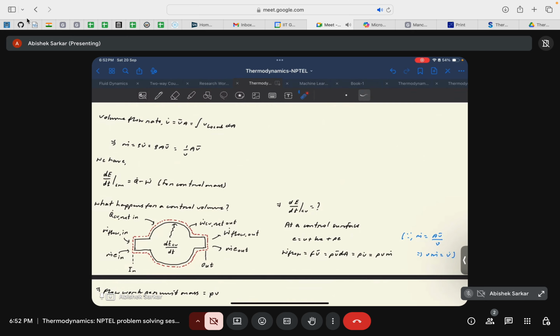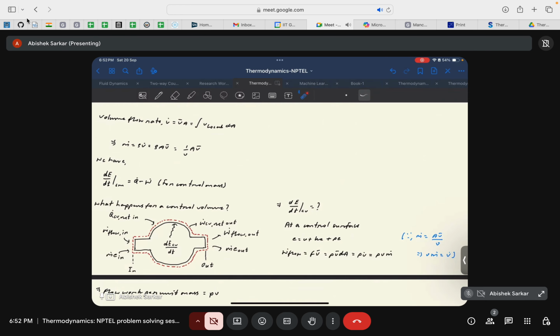So at a control surface, we have energy per unit mass to be u plus KE plus PE, and flow work done because of the flow to be PV times the mass flow rate, m dot. How it is derived, I leave to you as an exercise, or for you to look into the lectures.